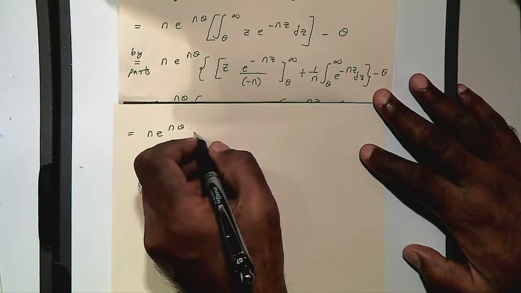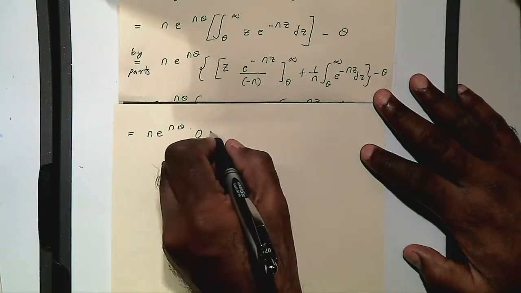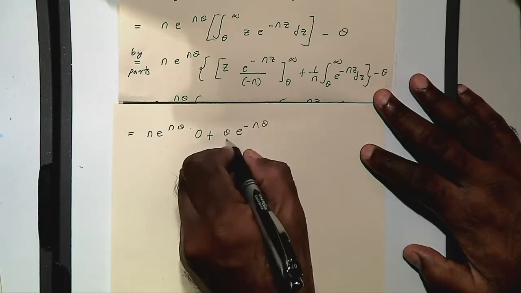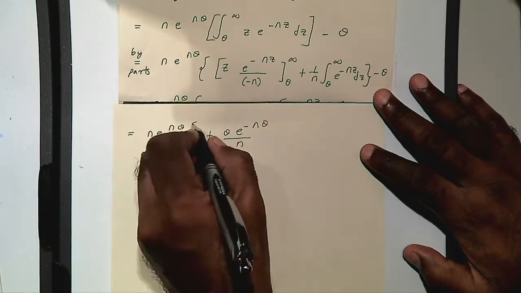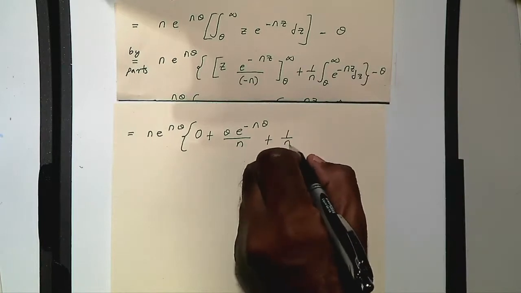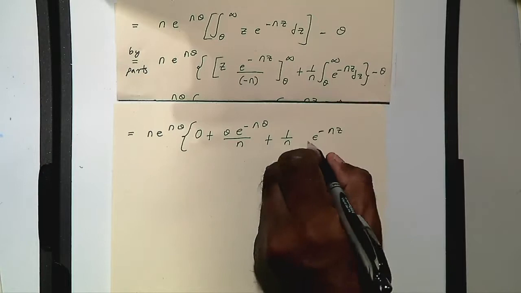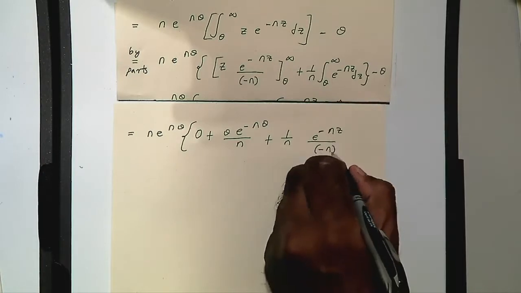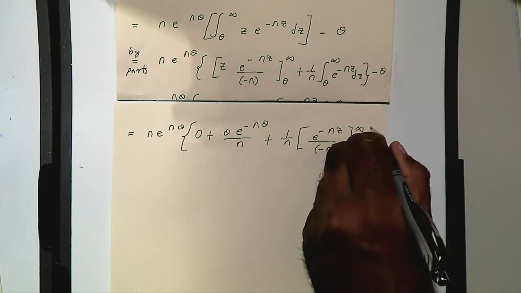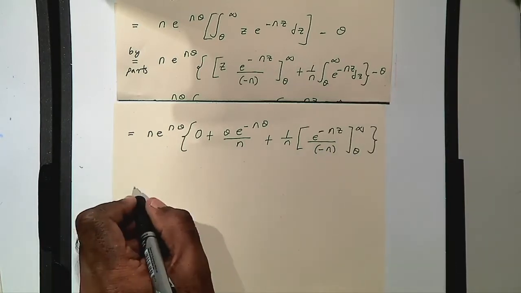The limit at infinity is 0, and the limit at theta will be plus divided by n, right? And then you have 1 over n. The integration of this is e to the minus n, like this, okay? I'm sorry about this, guys.